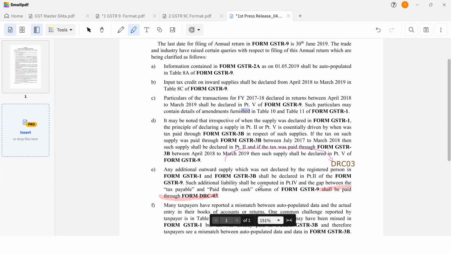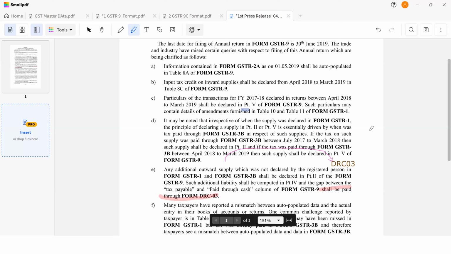Before filing the 9, if it is paid, then only it should be reported. Correct. Basically, DRC03 should be there for me to report a value in the Part 2 turnover table 4.